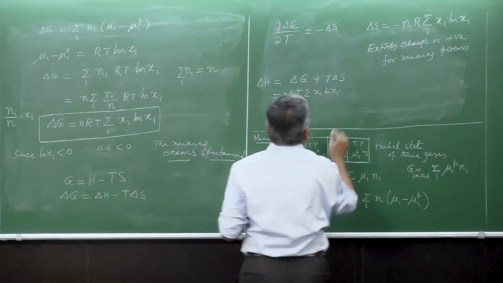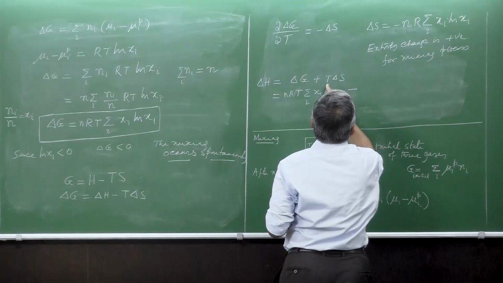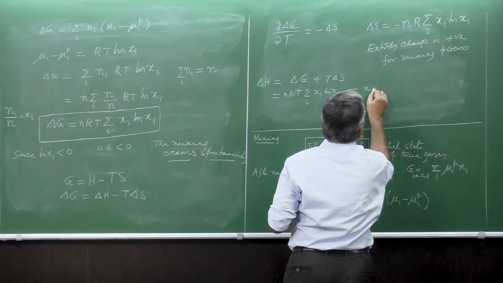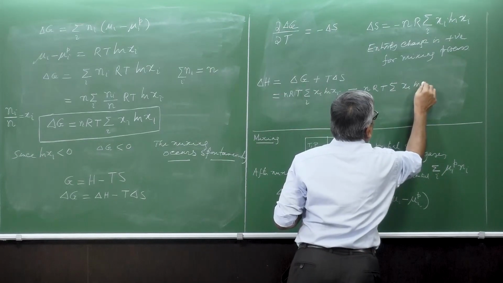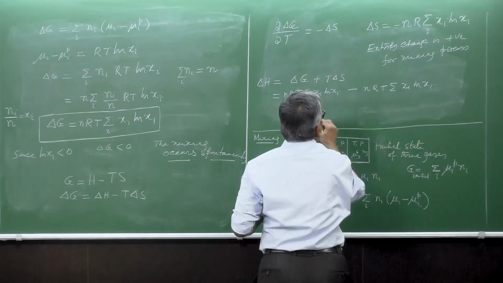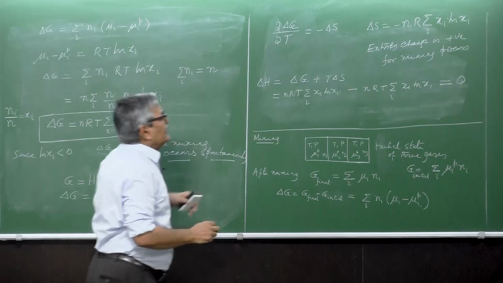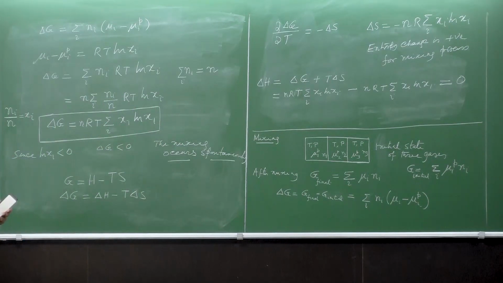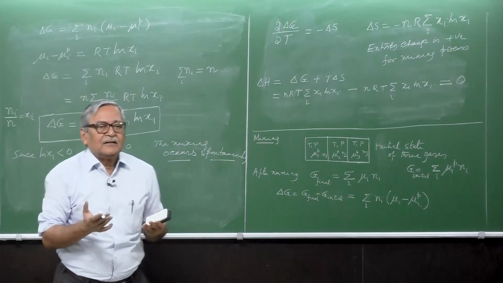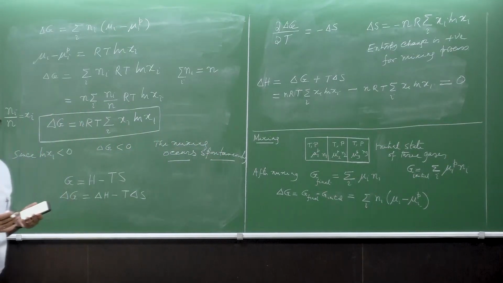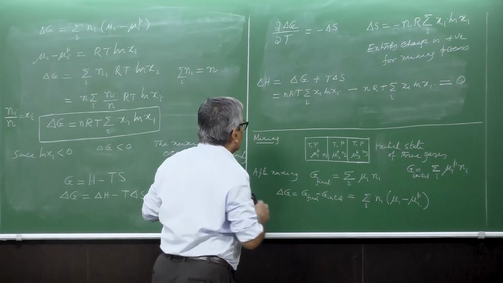If I multiply delta S with T, then T delta S is minus nRT sum over xi ln xi, and the sum is equal to just 0. So there is no change in the thermal condition of the system. That means when the mixing is ideal, there is no change in the thermal component, or there is no heat generation.